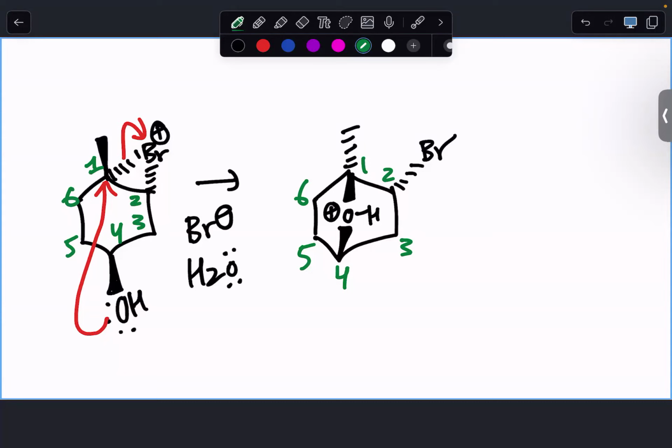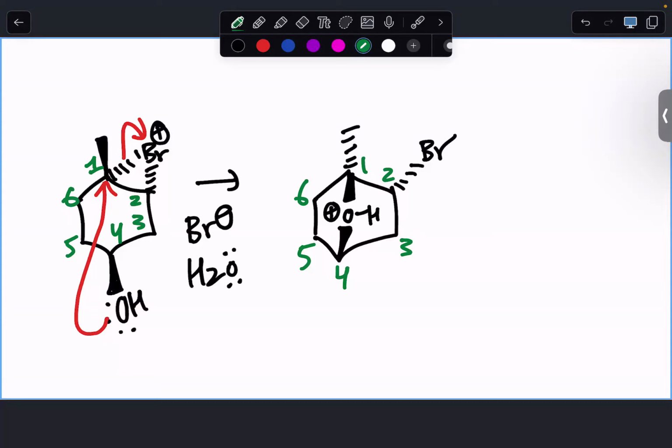This oxygen is still attached to a hydrogen, so that oxygen has a positive charge with 3 bonds. This methyl here inverts from a wedge to a dash. The dash bromine is untouched, so that dash bromine stays as dash.